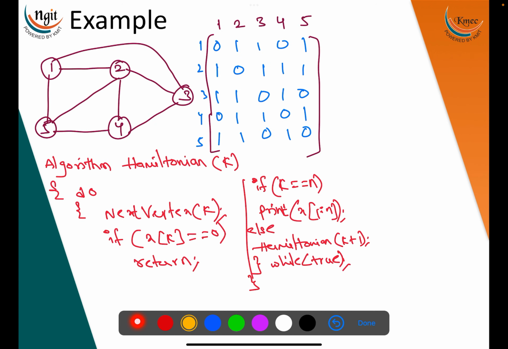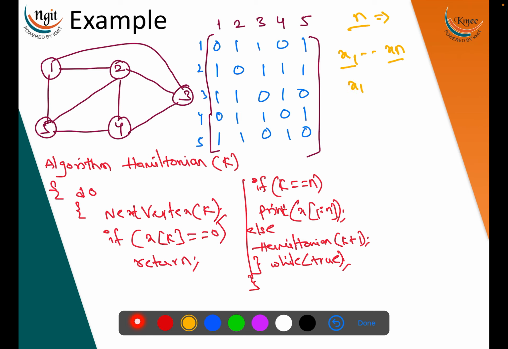Now we'll see the example of how backtracking is applicable to the Hamiltonian cycle. So the backtracking solution for this problem is defined as x1 to xn, where n is equal to the number of vertices in the graph.